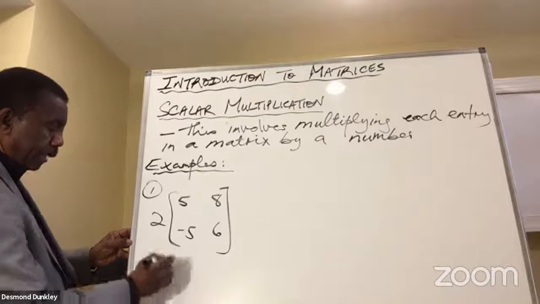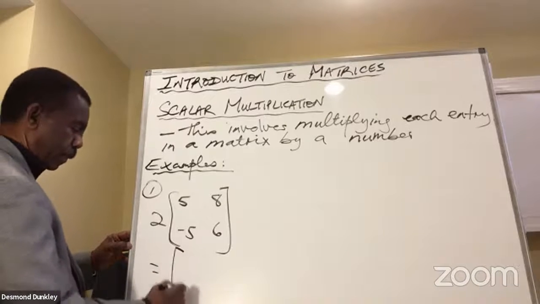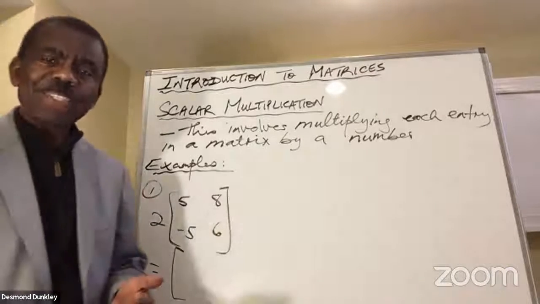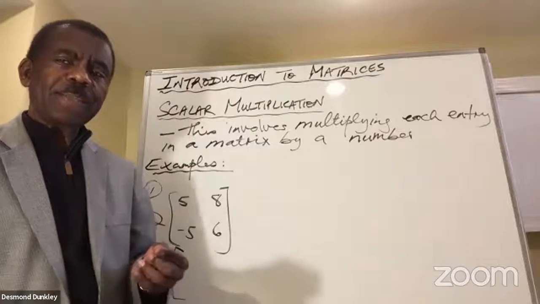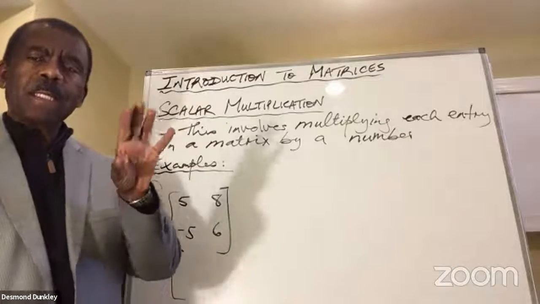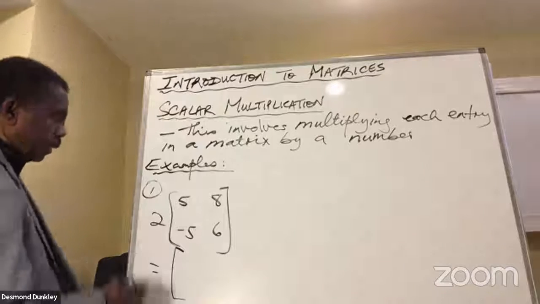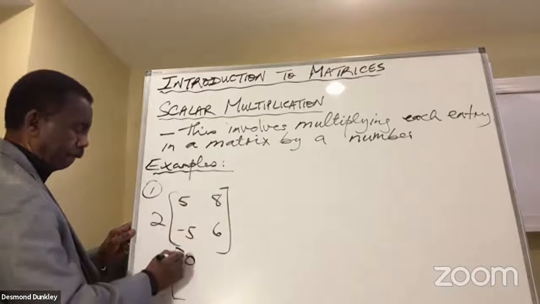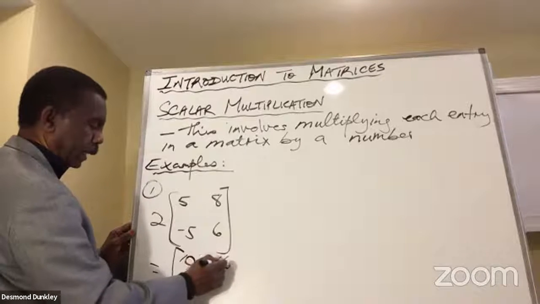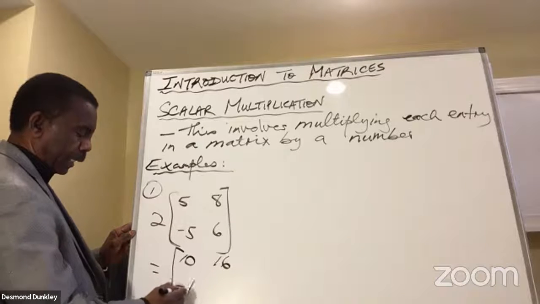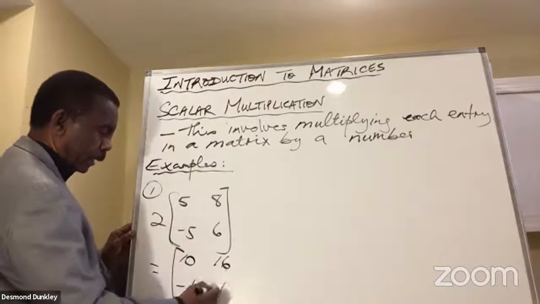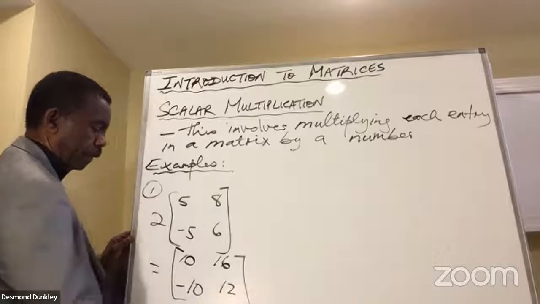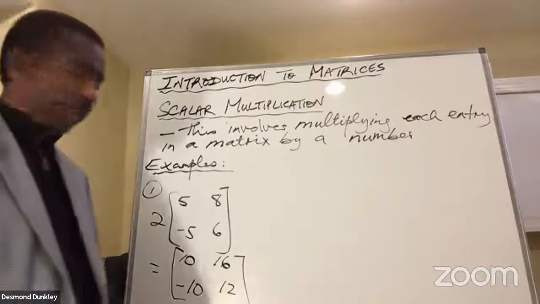And that is going to be equal to, the size doesn't change. The only thing that changes will be the value in each entry position. So 2 times 5 is 10, 2 times 8 is 16, 2 times negative 5 is negative 10, 2 times 6 is 12.